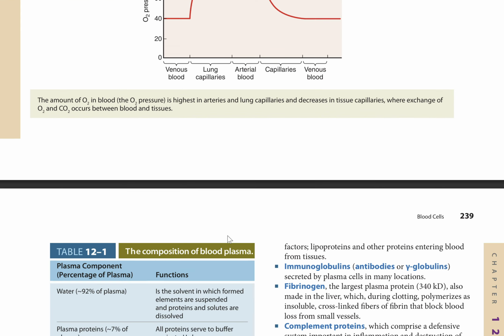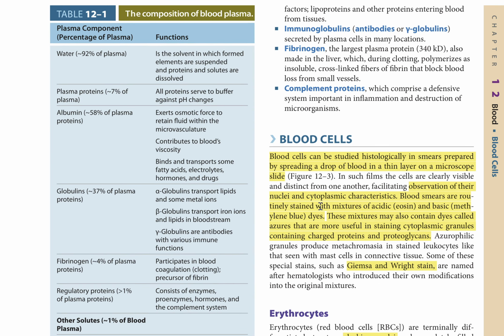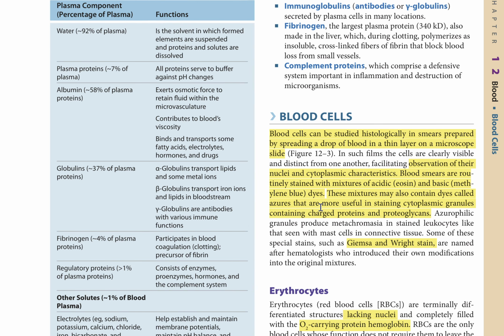Let's start. As we know, if we have to study blood cells in histology, we have to take blood and put a drop of blood on the microscope slide, and we have to put some dyes on it to study the structure of the red blood cell, what is inside the red blood cell.